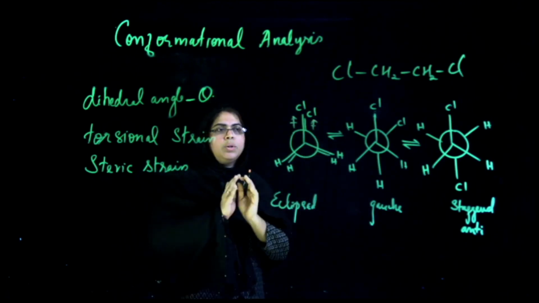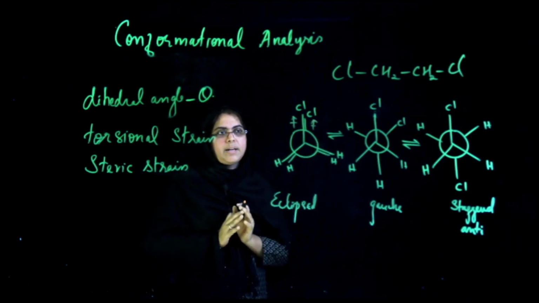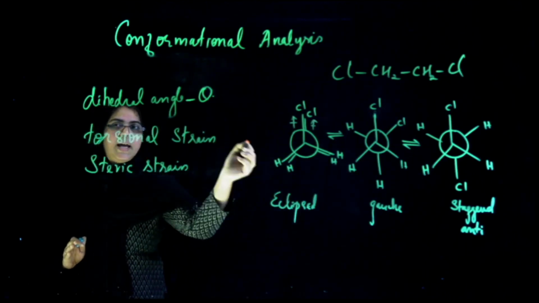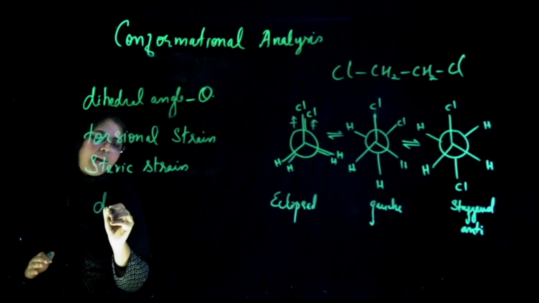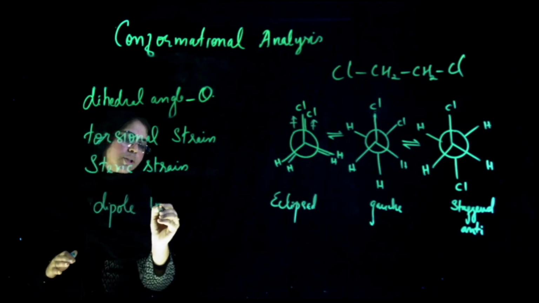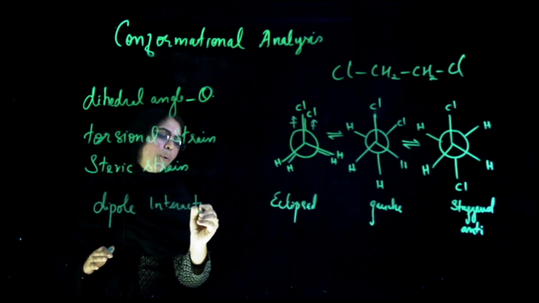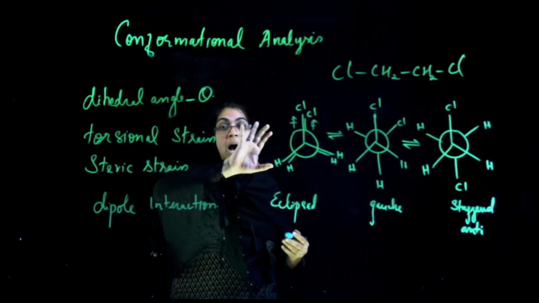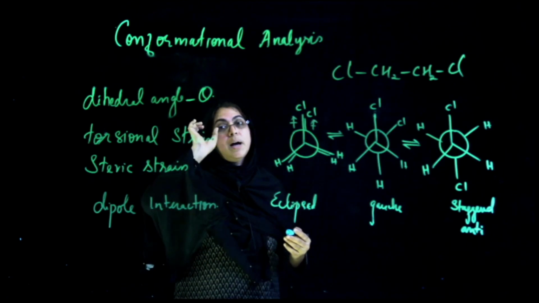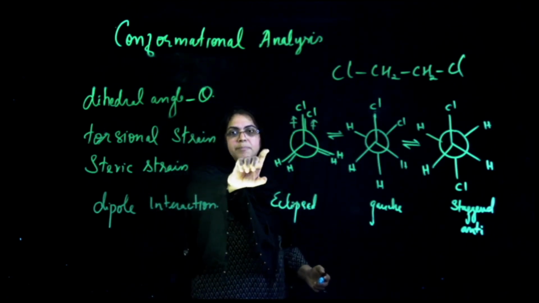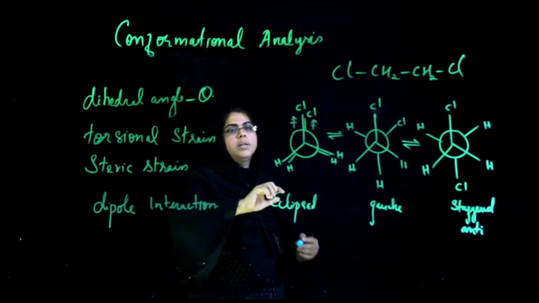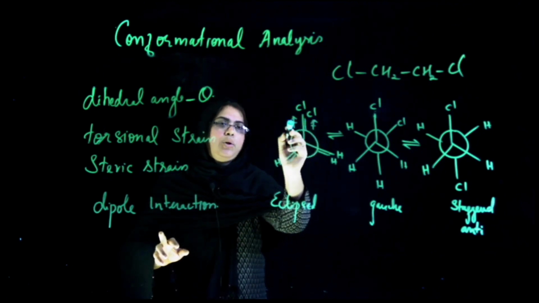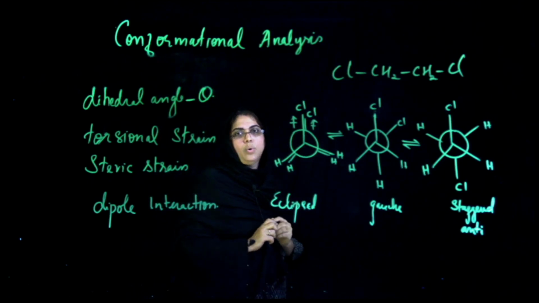So there will be a dipole-dipole interaction that will be maximum here, and the stability in this case can also be explained by dipole interaction. So this will have higher energy when we compare to the eclipsed form of butane, because apart from steric and torsional strain, there will be dipole-dipole interaction between these two chlorine atoms.